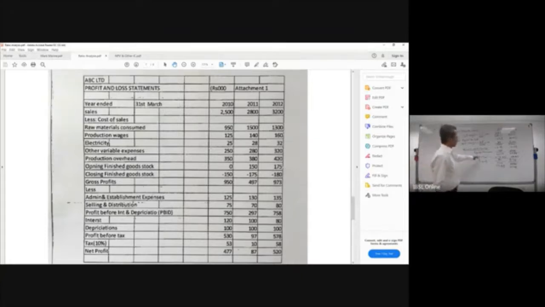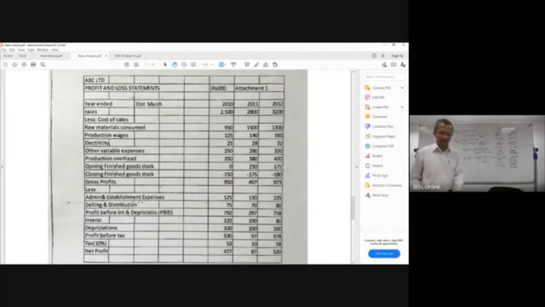We are getting the net profit divided by equity. So for how much we invested, what is the return we are getting? For every rupee of equity invested, ABC is generating 7 cents in 2011 and 27 cents in 2012.